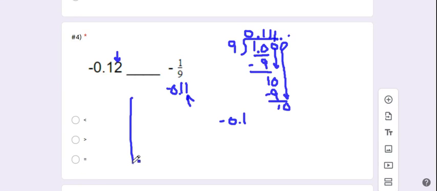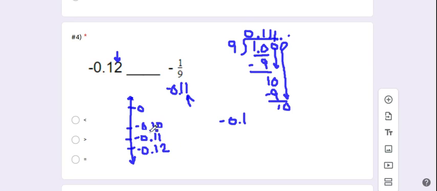So on this vertical number line, which number is further up? Let's say this is 0 right here. Let's call this negative 0.10. Below that, I would have negative 0.11. Then I would have negative 0.12.